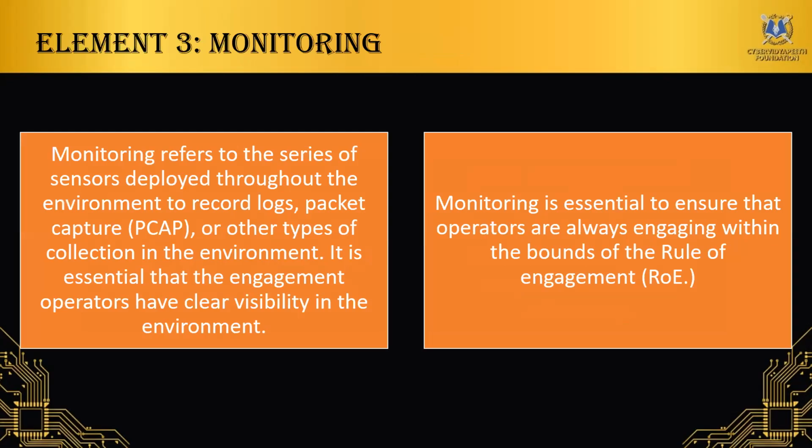Element 3 is monitoring, which is a very critical component, and monitoring can be done at multiple layers. Particularly if you have created a deception environment, packet capture, record logs, and flow analytics are very important ingredients for network monitoring. Unless you have that, your success rate for eliciting information will be very low.